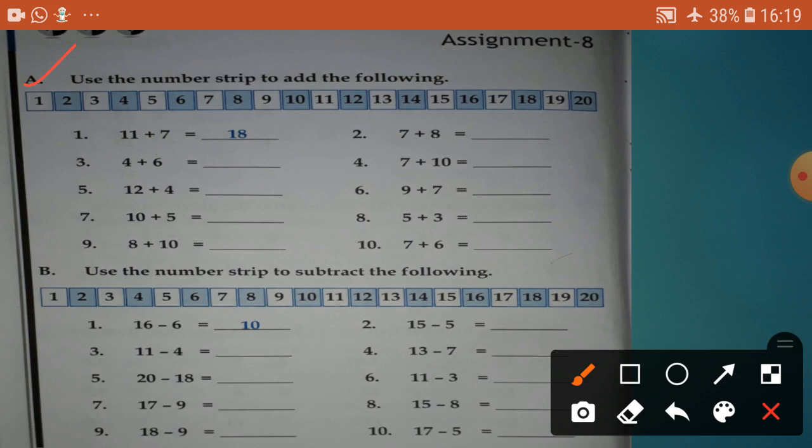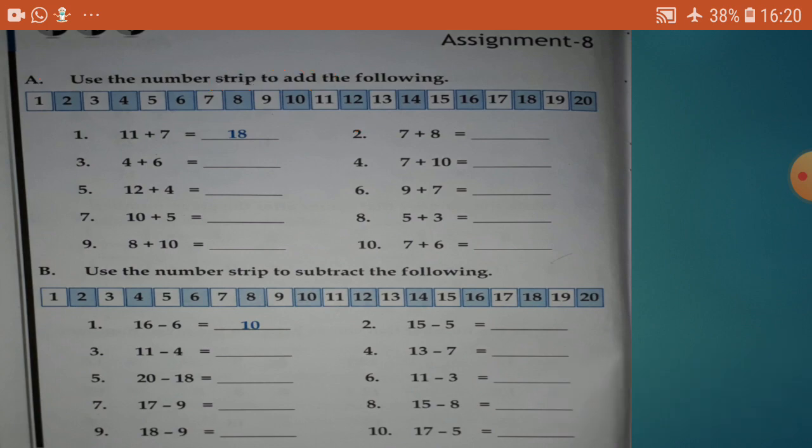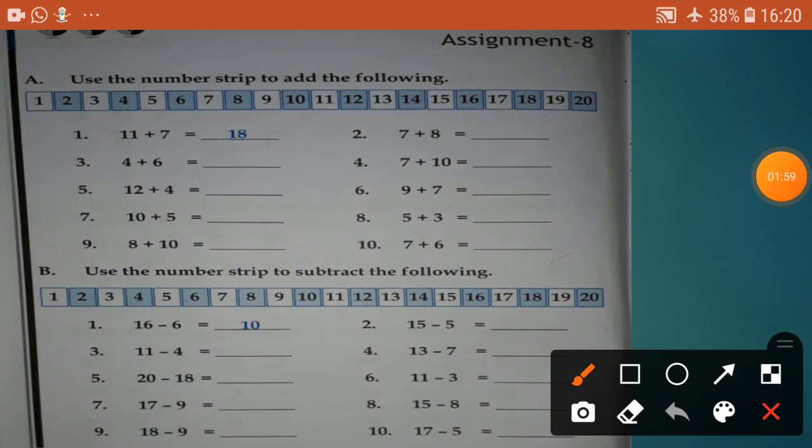See here, number 2: 7 plus 8. Okay, plus 8 means you go 8 steps. 1, 2, 3, 4, 5, 6, 7, 8.